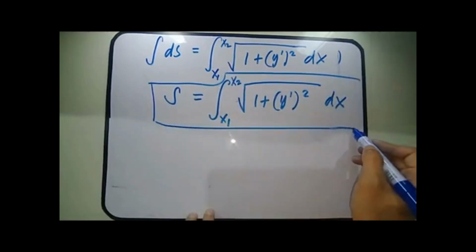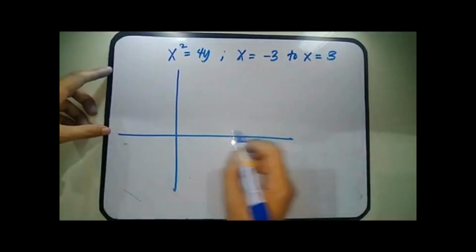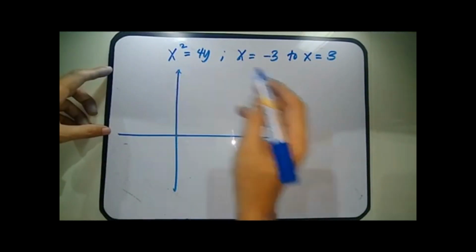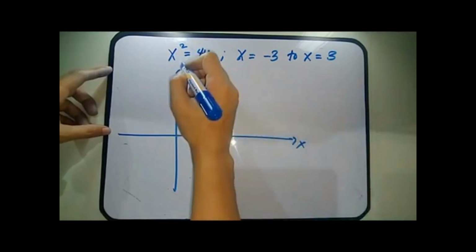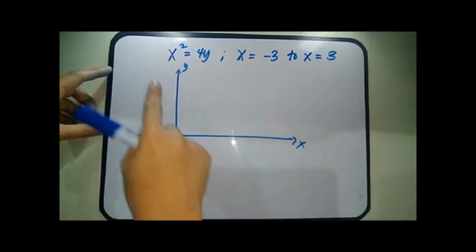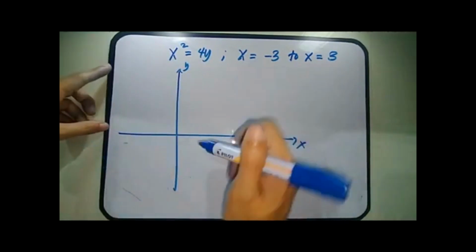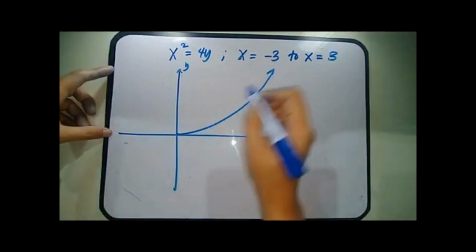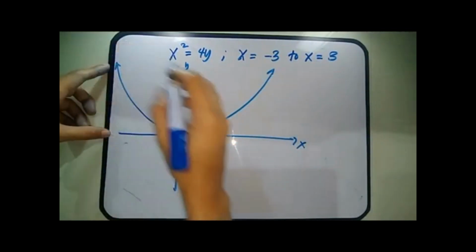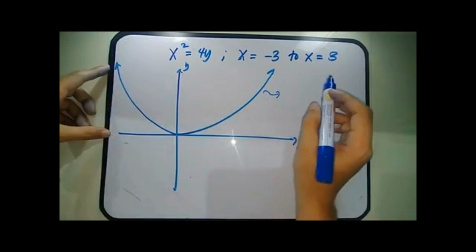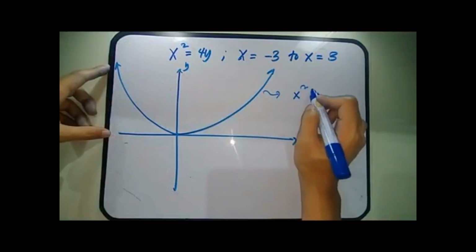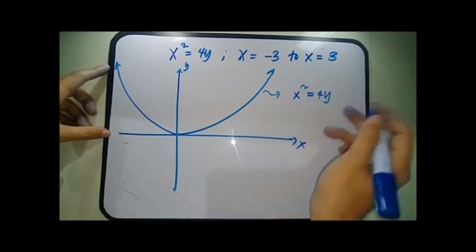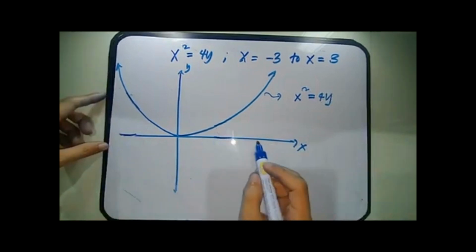Then we determine those elements. So we have this curve, x squared is equal to 4y, and we are required to find the length of the arc from x is equal to -3 to x is equal to 3. Now, we first graph the curve. You have here x squared is equal to 4y, therefore the vertex is facing the x-axis. This is either upward or downward.